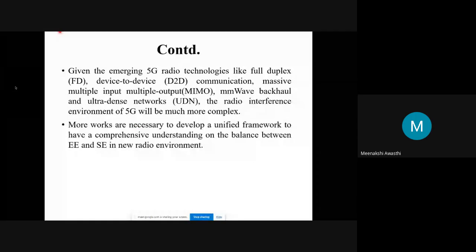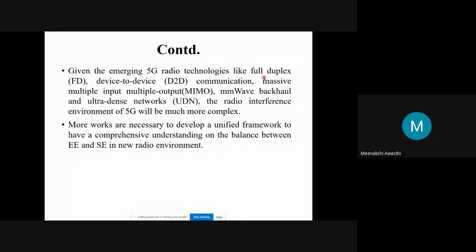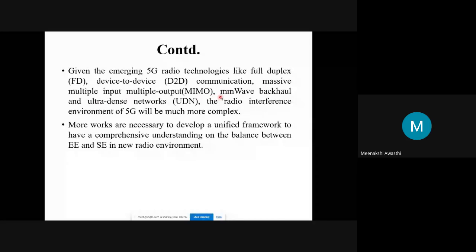Given the emerging 5G radio technologies like full duplex, device to device communication, massive MIMO, millimeter wave backhaul, and ultra dense networks, the radio interference environment of 5G will be much more complex.